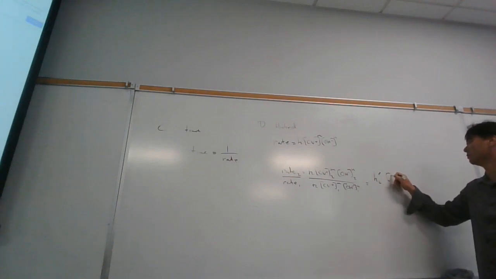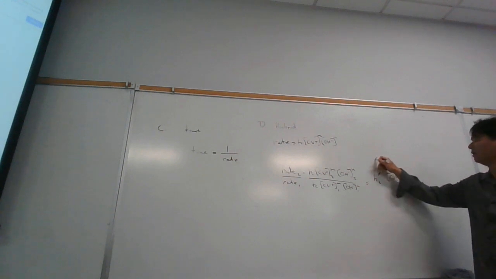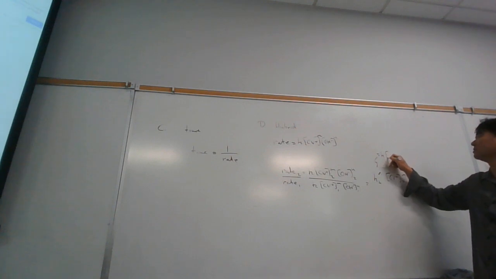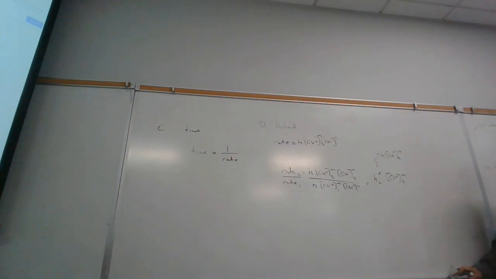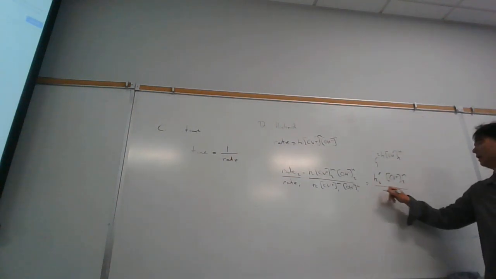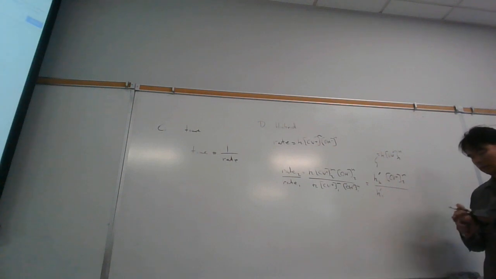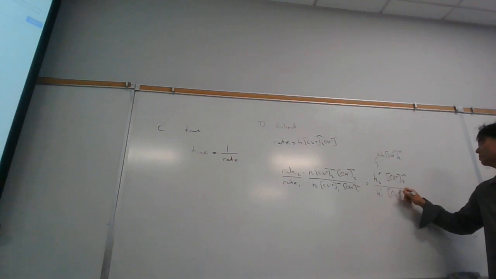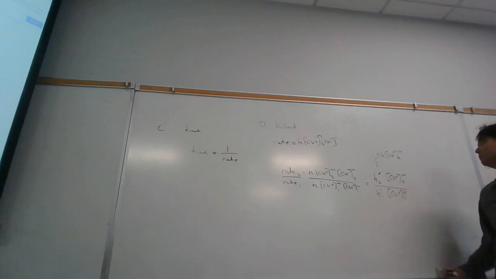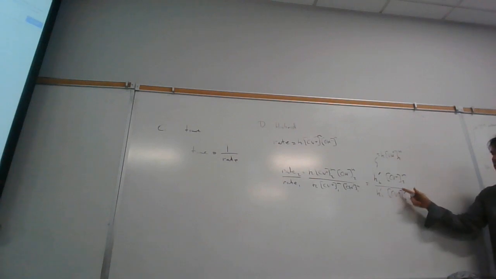So this is going to be the new rate constant for run 2. This is going to equal crystal violet concentration for run 2 to the M, where K prime 2 is equal to K times the hydroxide ion concentration for run 2 to the N. This is going to be divided by K prime 1, which is the crystal violet concentration for run 1 to the M. It turns out the crystal violet we didn't change.